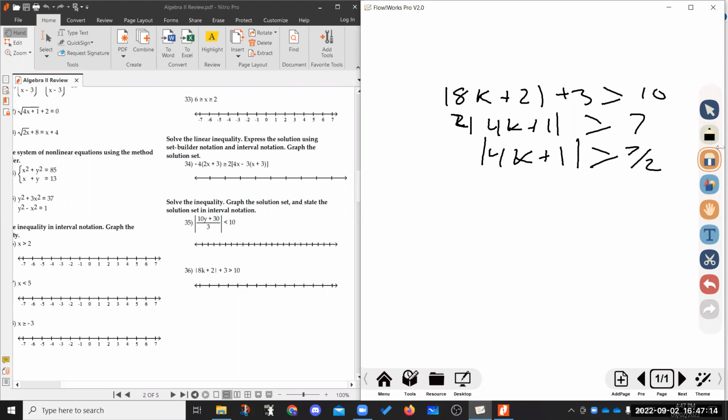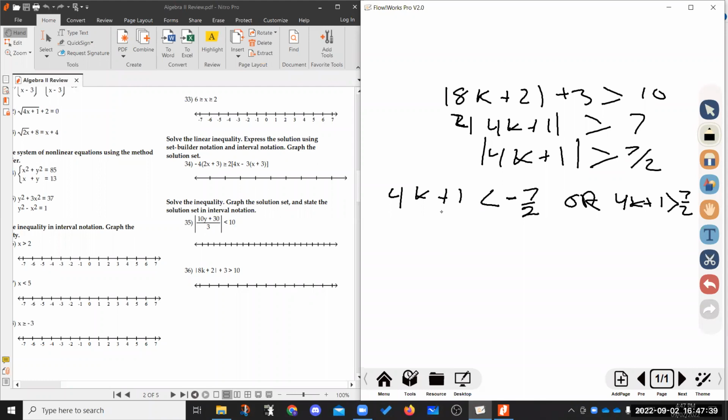Sorry. The inside here is either less than -7/2 or the inside is greater than 7/2. You can have it either way, that the absolute value is going to be bigger than 7/2 if it's less than -7/2 or greater than +7/2.